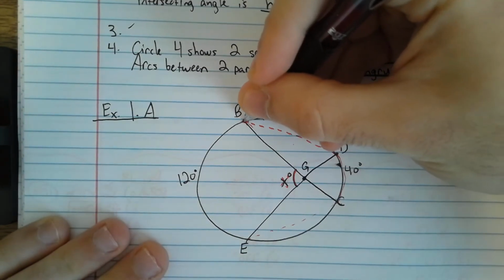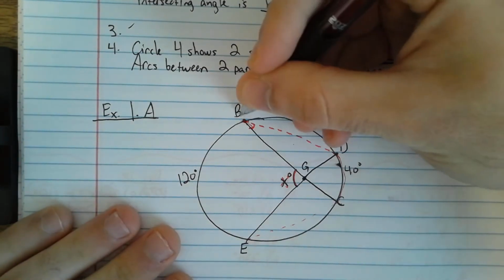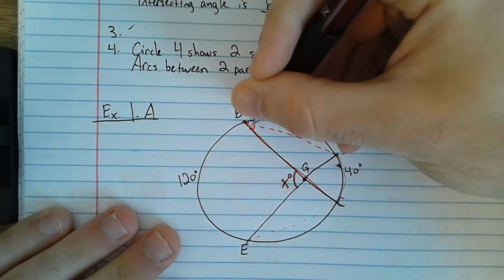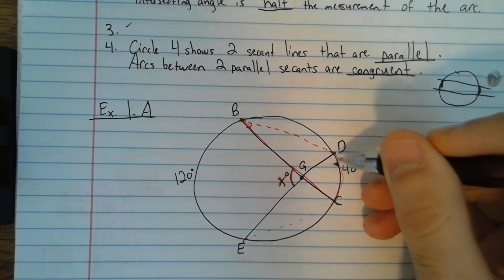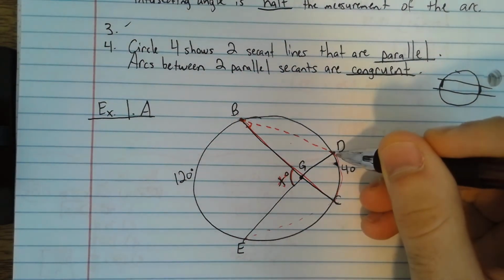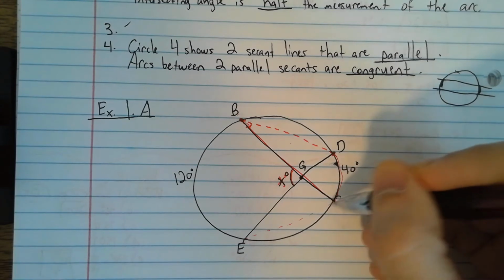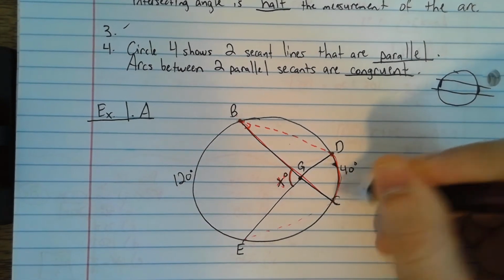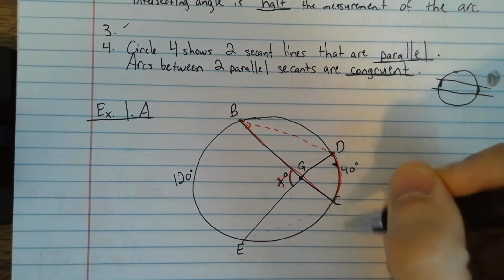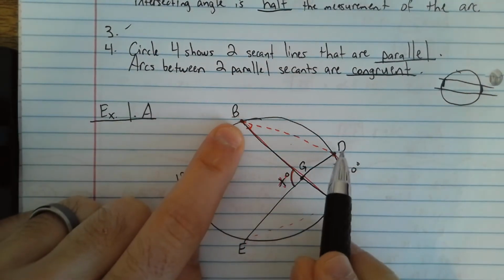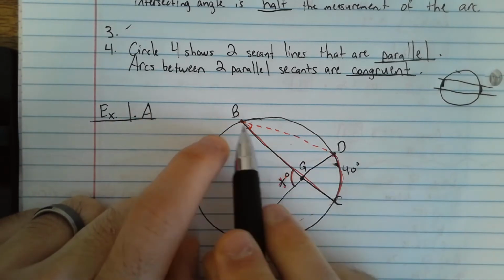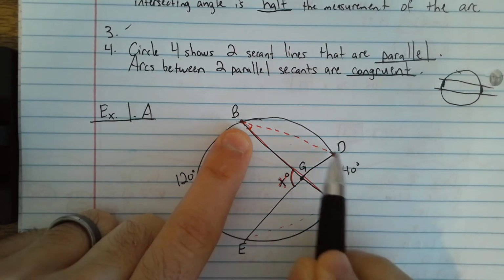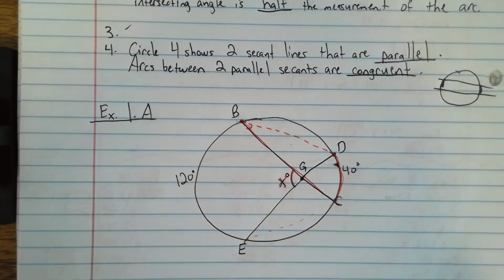So we have this angle B right here. One leg touches C, the other leg touches D. Do we have a measurement for arc DC? We do. That is 40 degrees. So arc DC is 40 degrees, and we have an inscribed angle that goes from D to B to C, intercepting these two points.